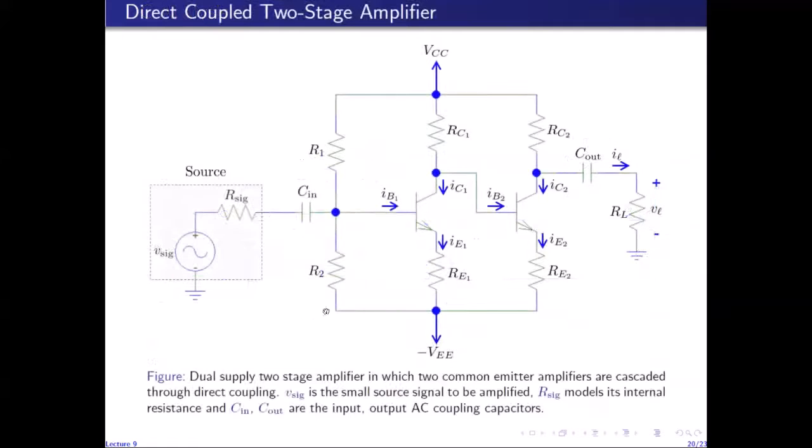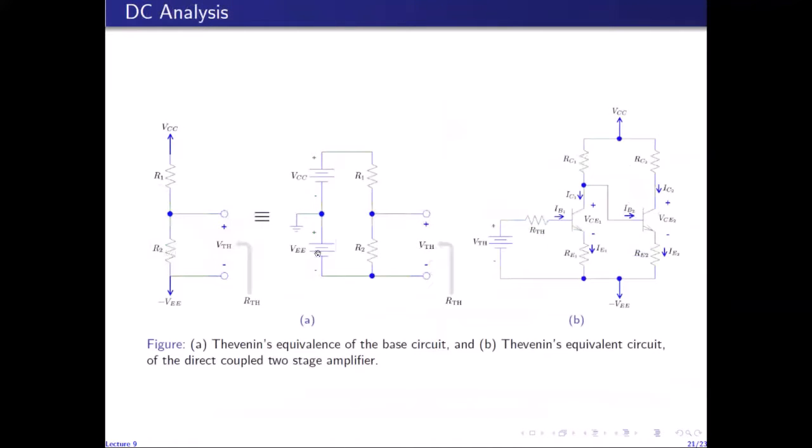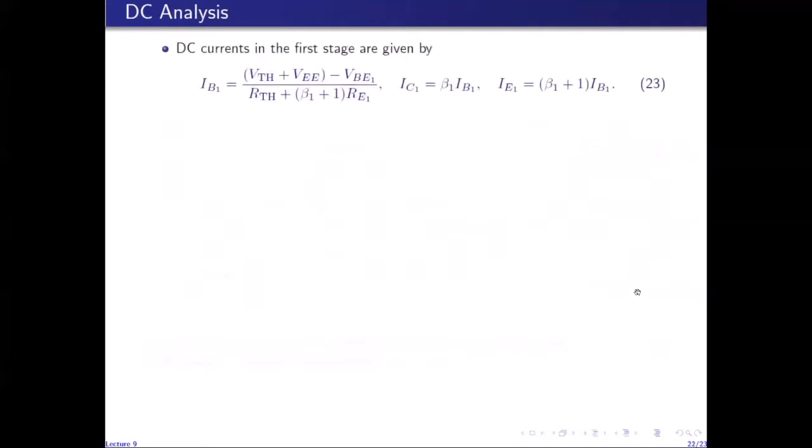So the base side of this circuit, again using the Thevenin theorem, can be simplified with a resistor and a source, and this in turn gives us this reduced Thevenin equivalent circuit for the direct coupled amplifier circuit under DC conditions. So I have replaced the R1, R2 circuit here with this Thevenin equivalent circuit. So this is the circuit I need to analyze for DC currents and voltages.